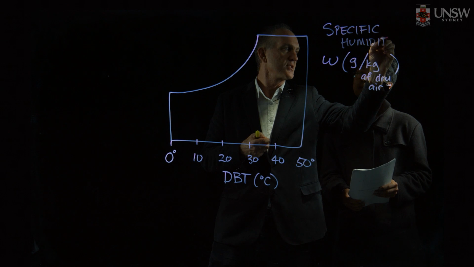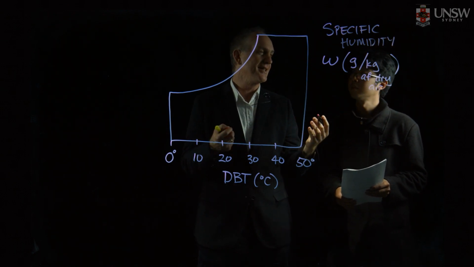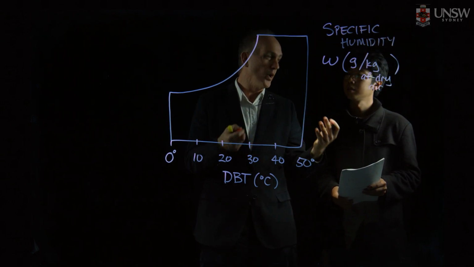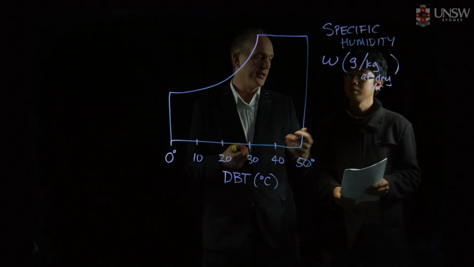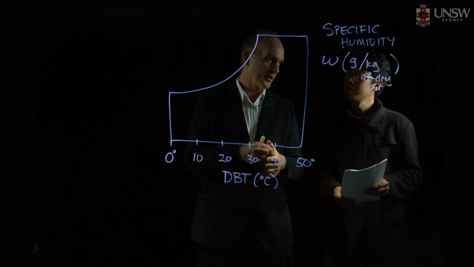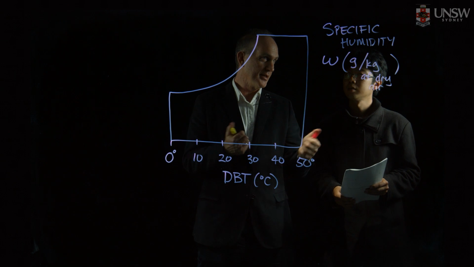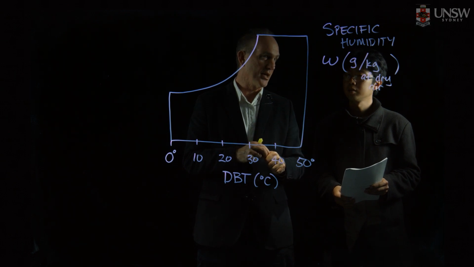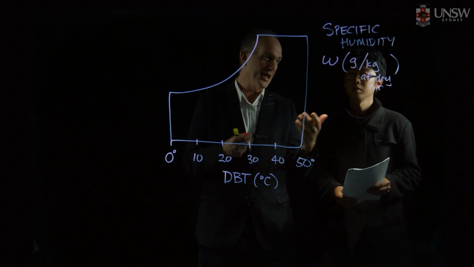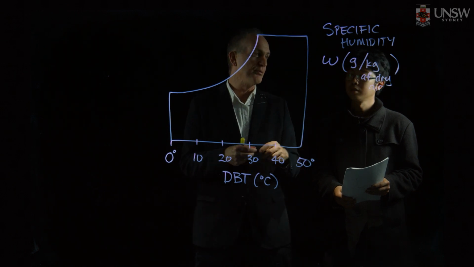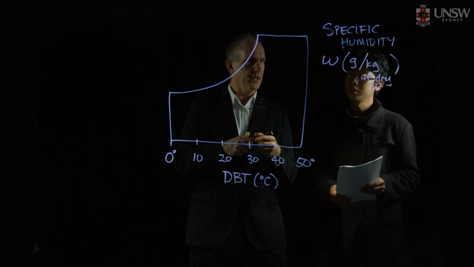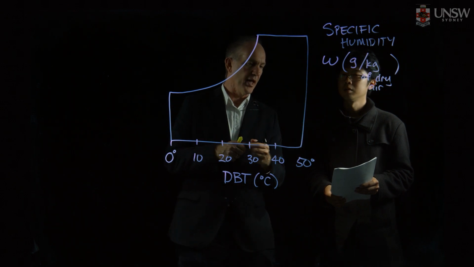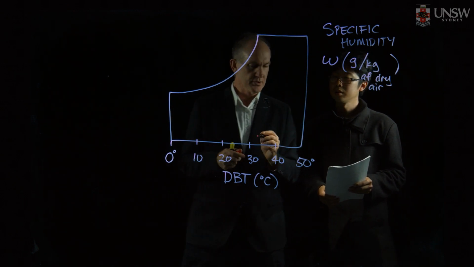Specific humidity or specific enthalpy means you're dividing by 1 kilogram of dry air. Whatever the amount of air you've got, work out how many kilograms of dry air and you divide by that. That tells you, in this case, how many grams of water vapor per kilogram of dry air. Okay, great.